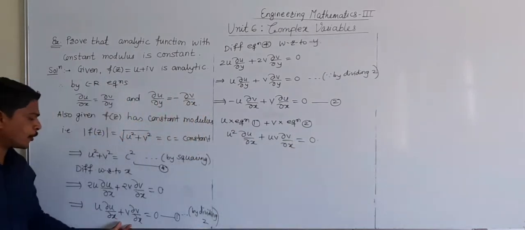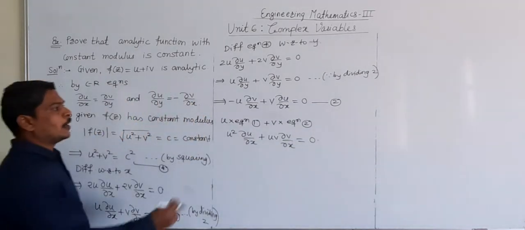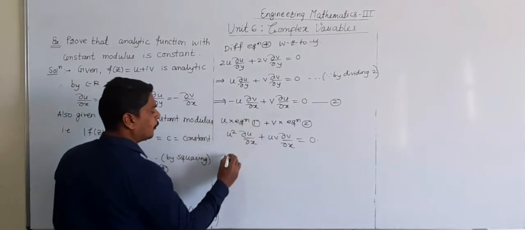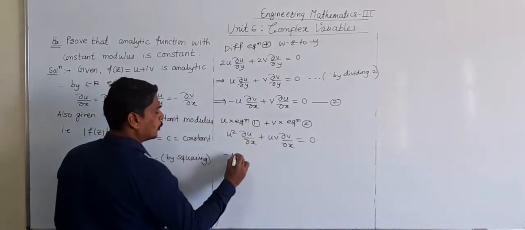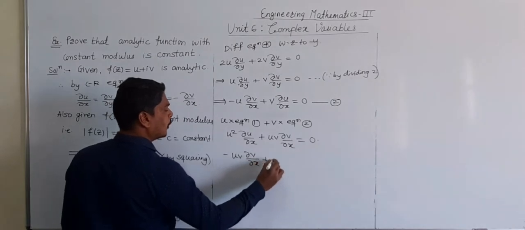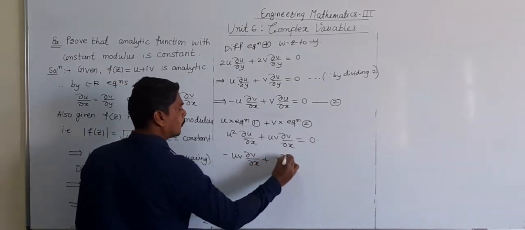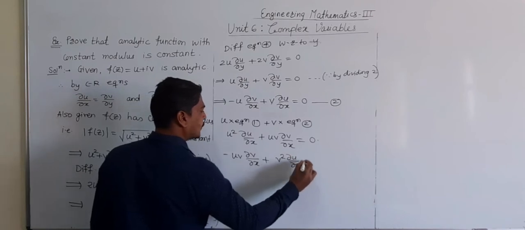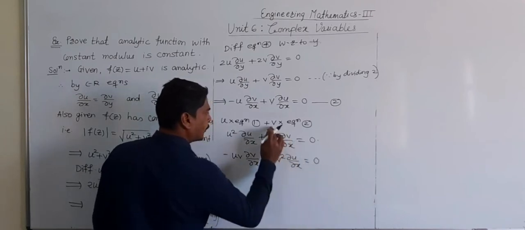Multiplying equation 1 by u and equation 2 by phi, we get minus u into v partial derivative of v with respect to x plus phi into v square partial derivative of u with respect to x is equal to 0. And then take addition.